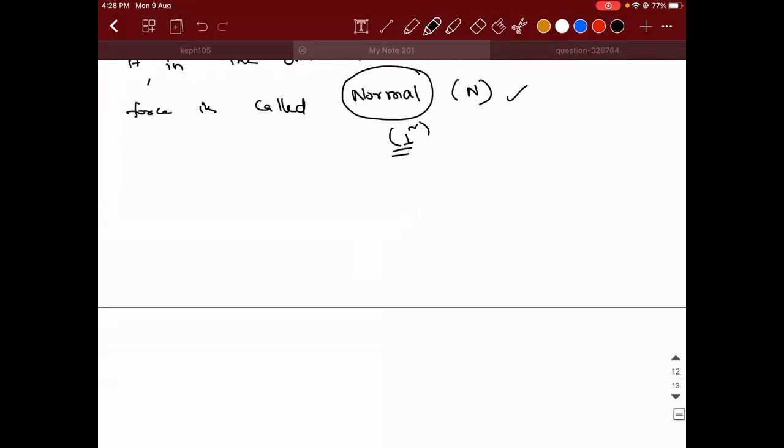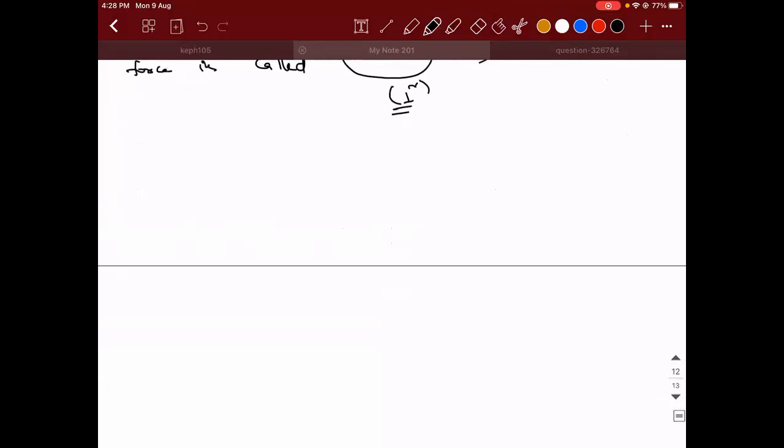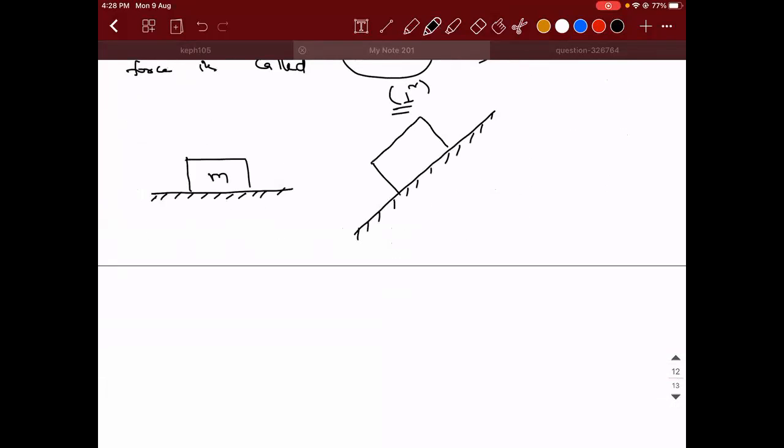So here there is a normal force. Now see, if I take a surface like this, then I keep a block on top of it. Now, if I take the same surface to be in this way, and if I keep a block on top of it, in this case, mg is in this direction and the normal force is in this direction.